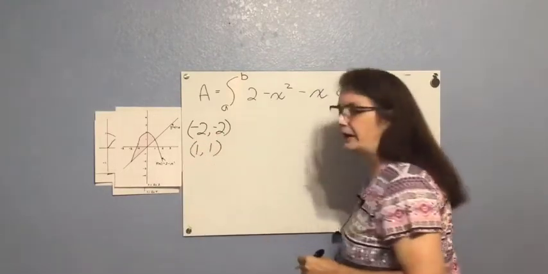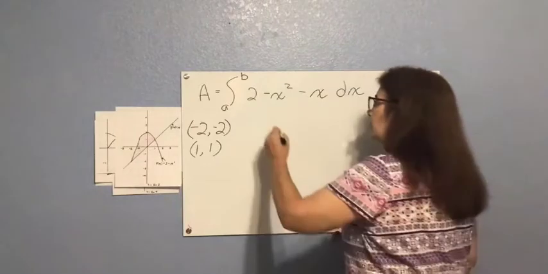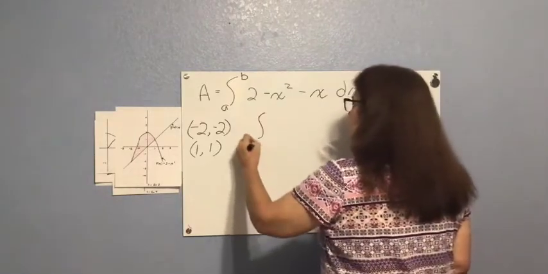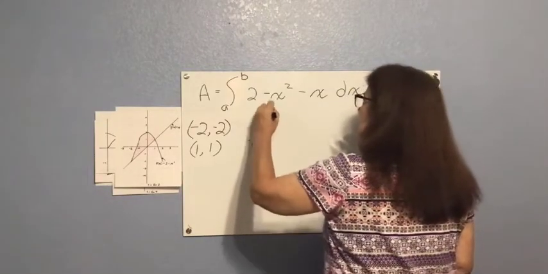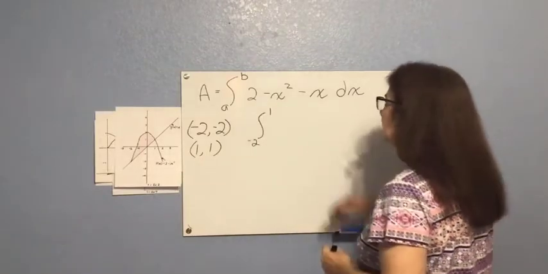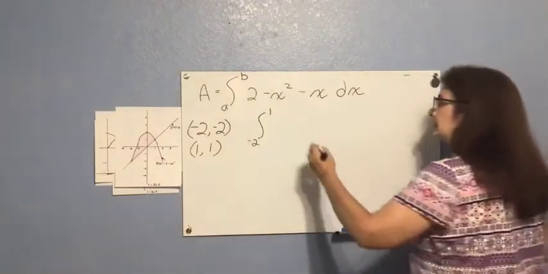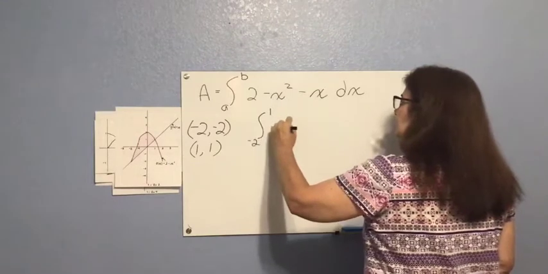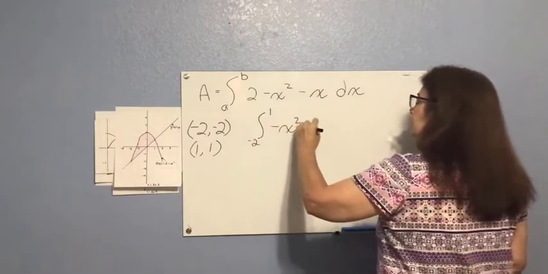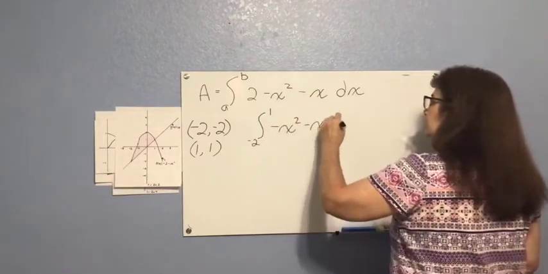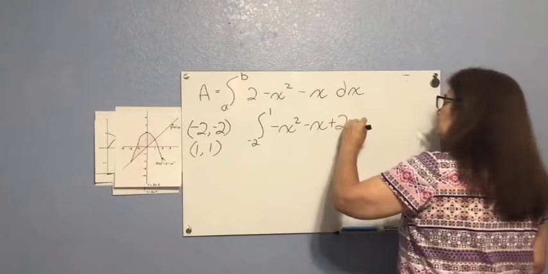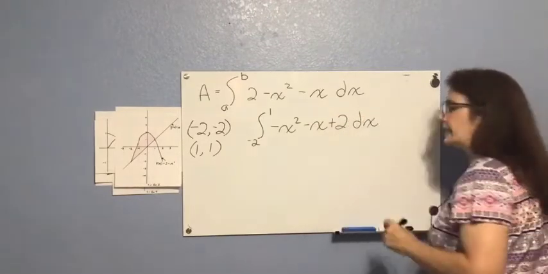So taking the x values of those, I know that I'm going to integrate from -2 to +1. I'm going to rearrange these a little bit so they're in order. Negative x squared minus x plus 2 dx.